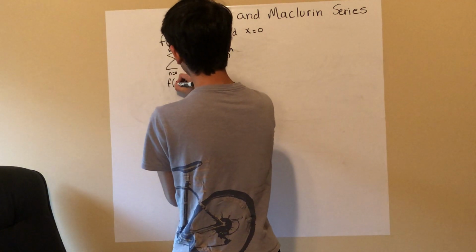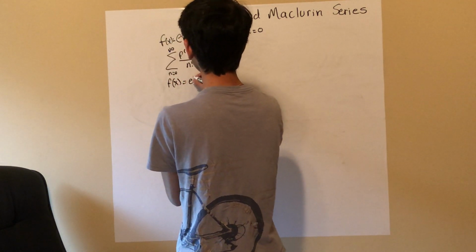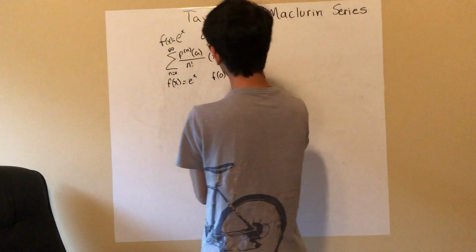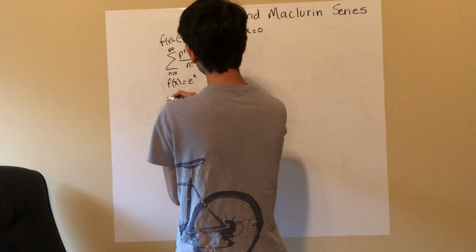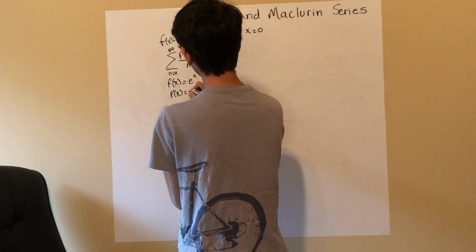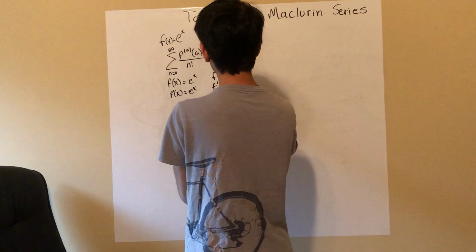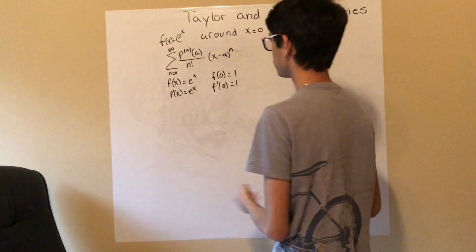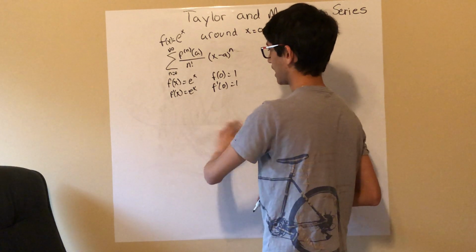f of x equals e to the x. f of 0 equals 1. f prime of x equals e to the x. f prime of 0 equals 1. I feel like it's redundant for me to keep writing this out.